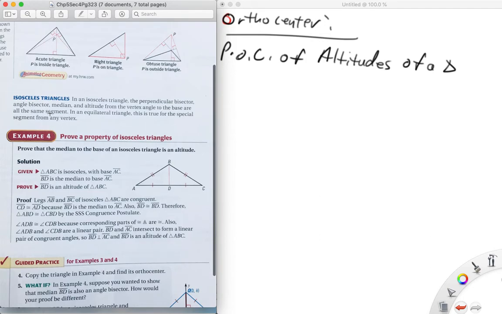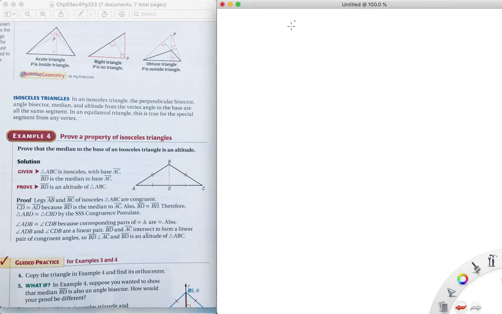Here, isosceles triangles are a unique situation. What we have is an isosceles triangle, so this guy and this guy are the same.